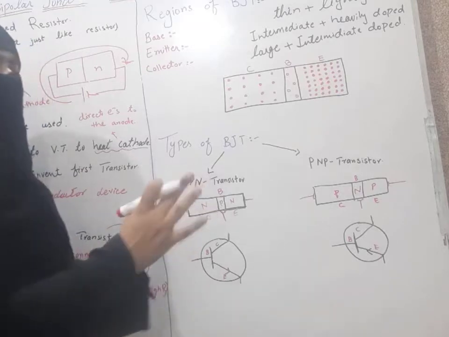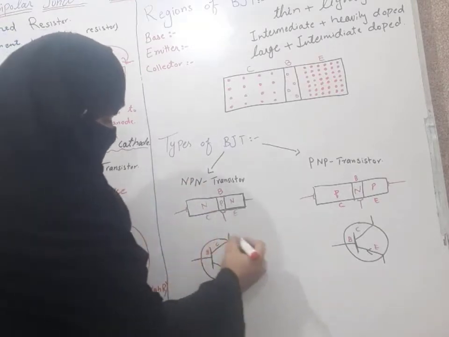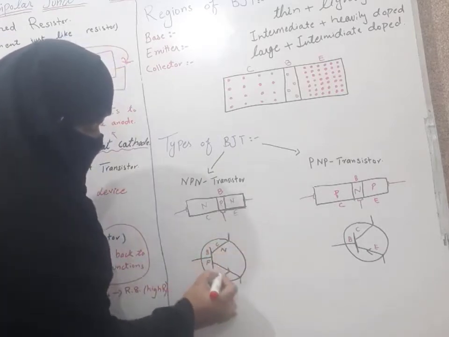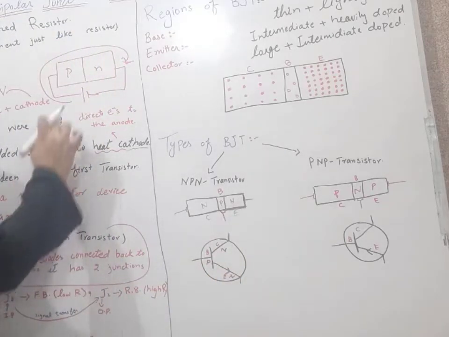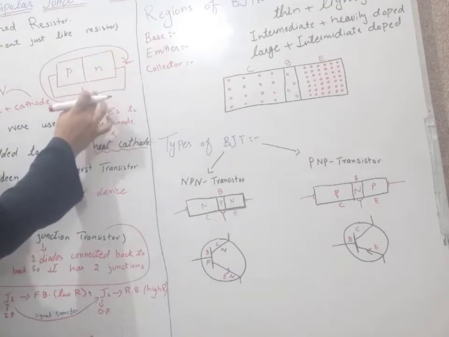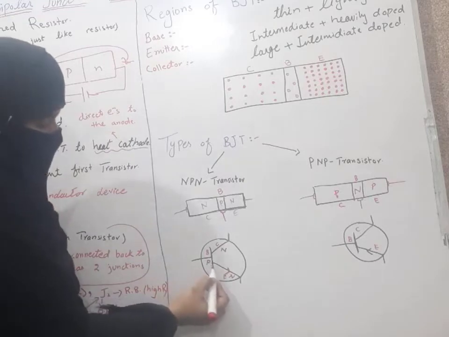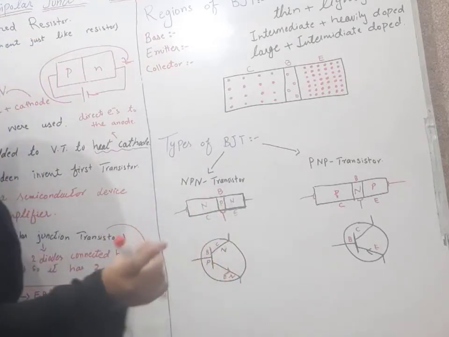For the NPN transistor, we have the direction of the arrowhead as outward, as here the collector is N type, the base is P type and the emitter is again N type, and the current flows from P to N direction. This arrow shows the direction of current.